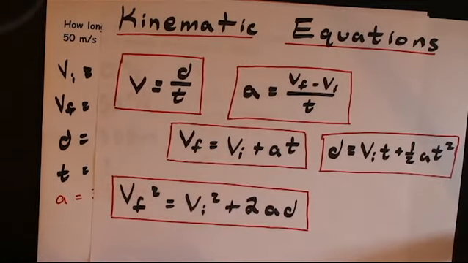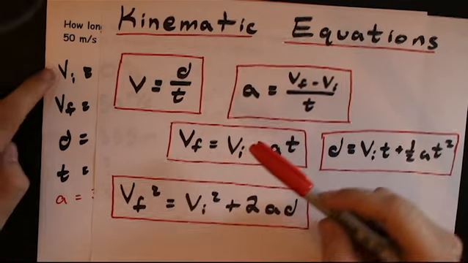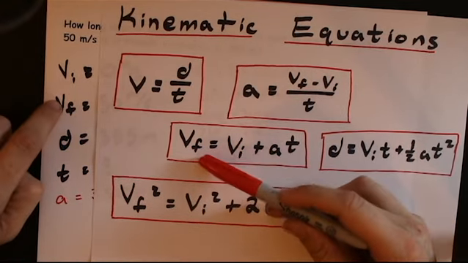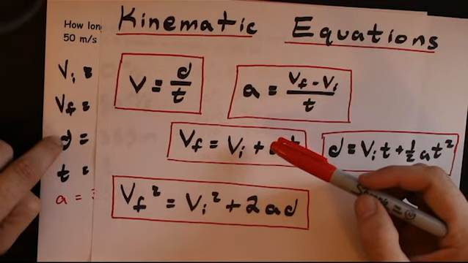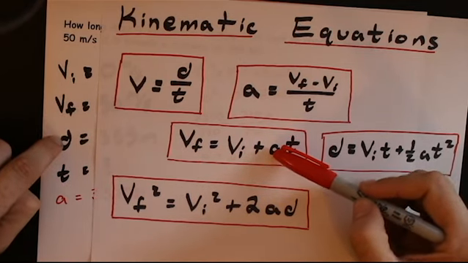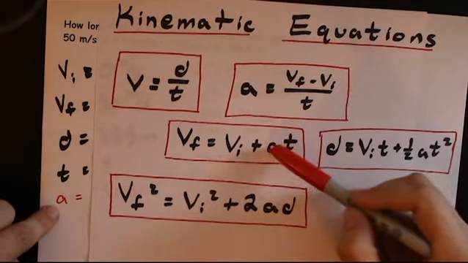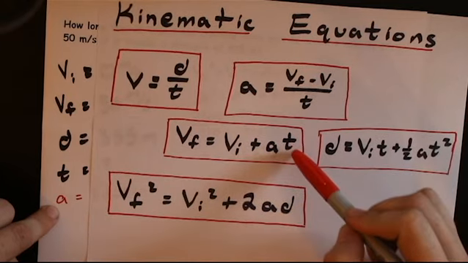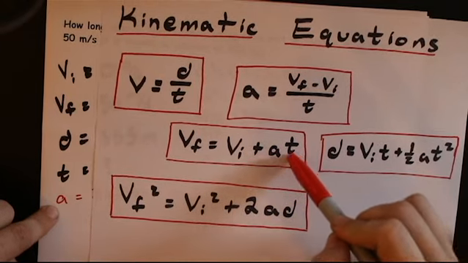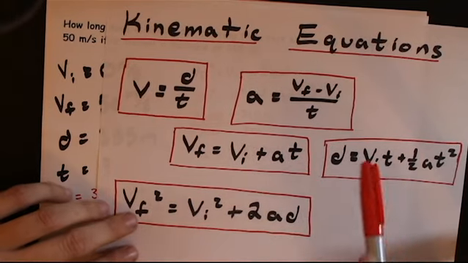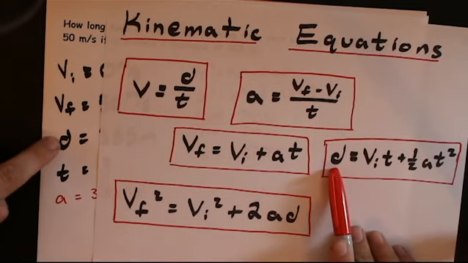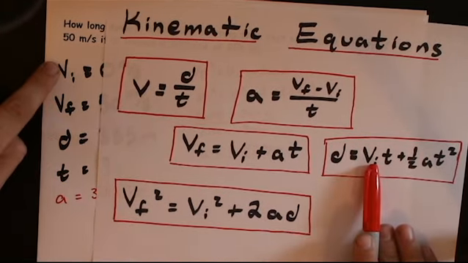And I bet you there's more than one. VI, VF, distance, well, that one doesn't have distance. But if we know the acceleration, then we can still use this one to solve for time, even though this one doesn't have distance in it. So this is an option. Let's come over here. Distance, we know that. Initial velocity, we know that.